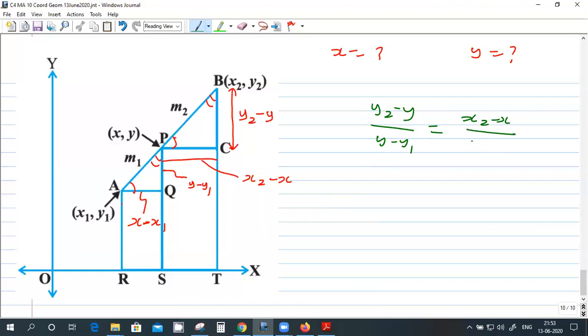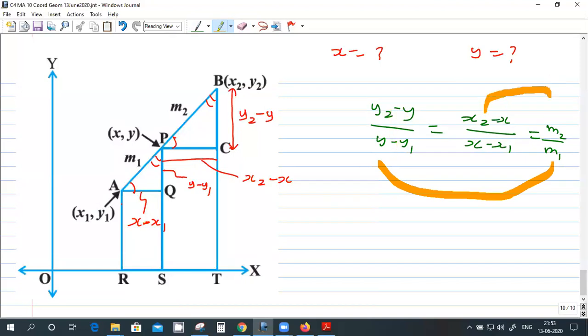Can you bring in m1 and m2 here? This should be equal to m2 by m1. So if I equate these two, I'll get only y as unknown, so I can get the expression for y.